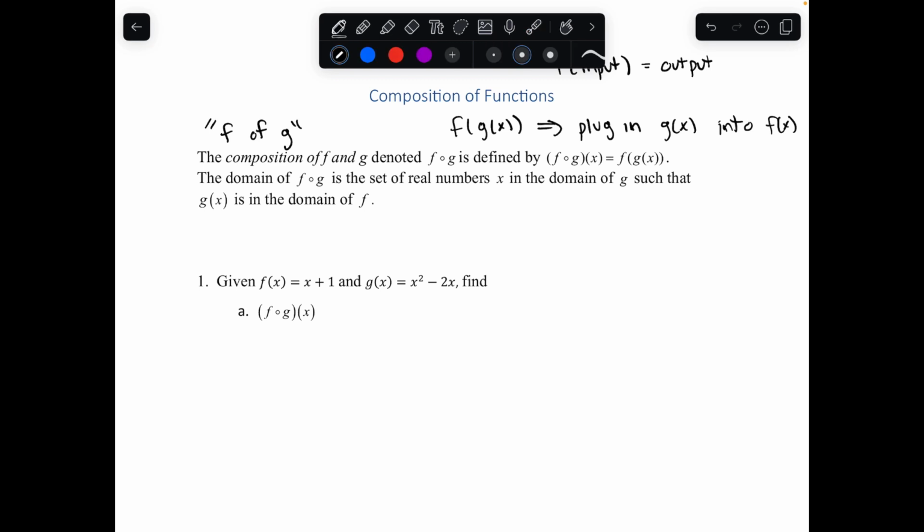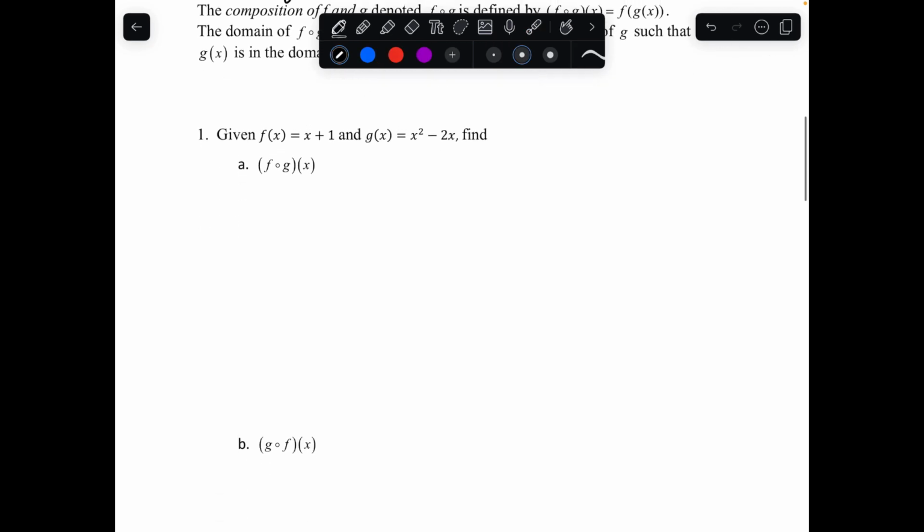So moving down to our first problem, we are given that f of x is equal to x plus 1 and g of x is equal to x squared minus 2x. So I want to find the composition f circle g, as in f of g.